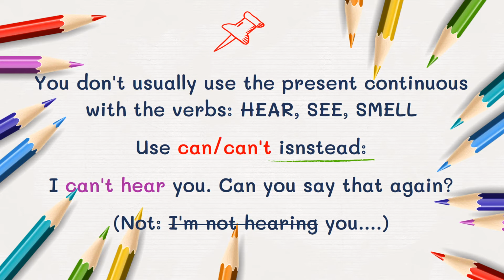You can't say I'm not hearing you, even if it's in the time of speaking and you can't hear well the person in front of you. You can't say that in a present continuous tense. You always have to use the present simple with the can't.